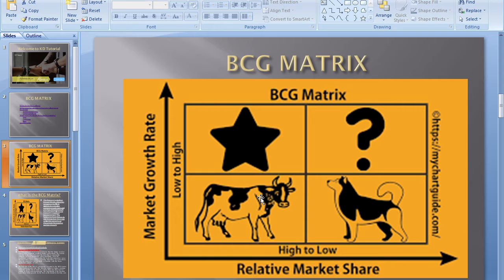In the product life cycle model, we can only know about one product portfolio, but in the BCG matrix we discuss the product line of the organization, and product line means organizations that have produced a number of products. With the help of the BCG matrix, an organization knows what their product portfolio is.